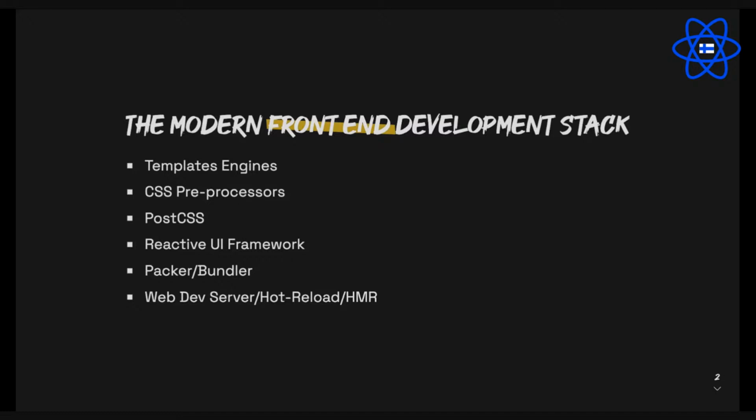We have template engines, CSS preprocessors, PostCSS, reactive UI frameworks like React, Vue, Svelte, and so on, packers and bundlers. And when we're dealing with development, we're working with web dev servers, and we need hot reload, hot module reloading, and so on.